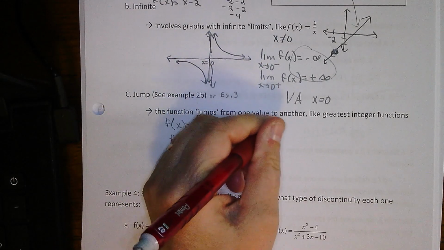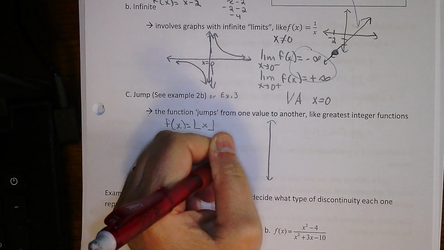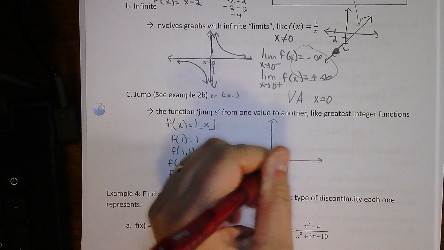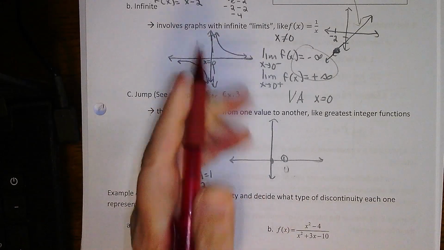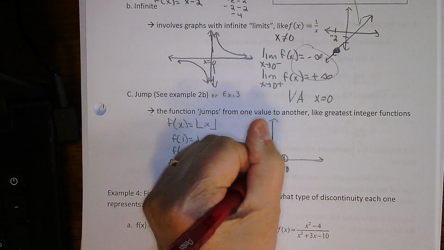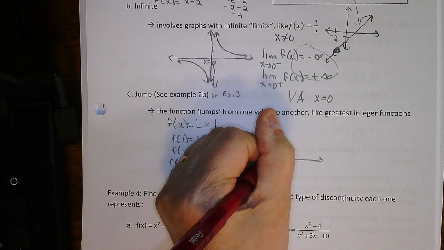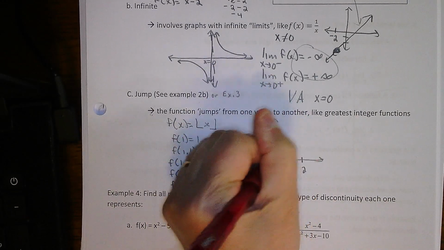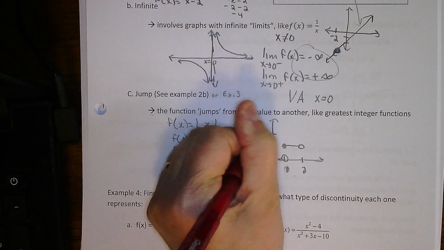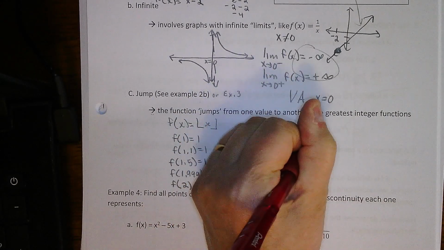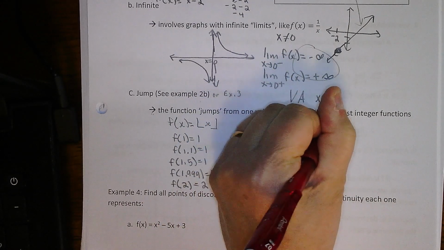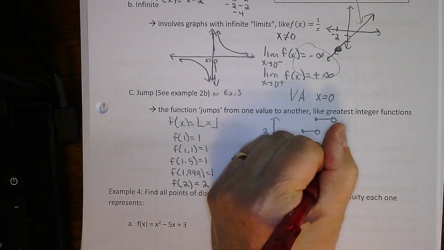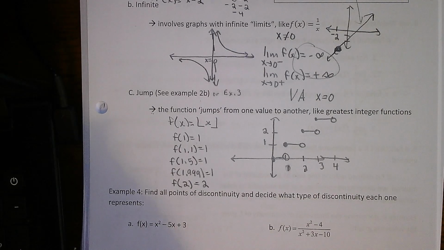So the greatest integer function looks like this. Between 0 and 1, it's going to stay 0. Then when you get to 1, it's going to jump up to 1, and it's going to stay 1 until you jump up to 2. That's what we mean by greatest integer function. Those are jump discontinuities.